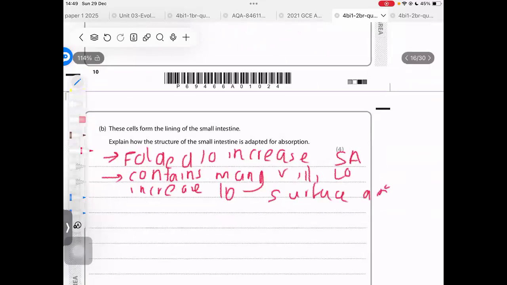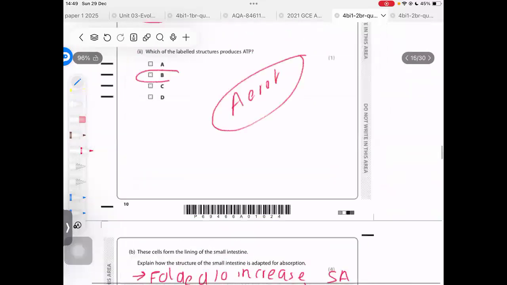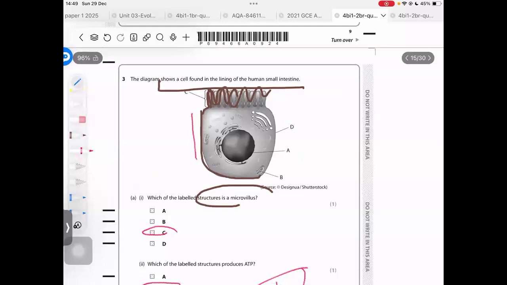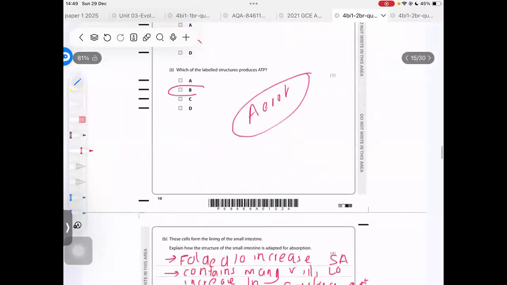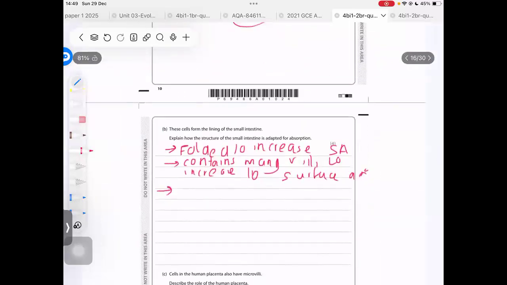And also, in the villi, you can see they have epithelial cells. In the epithelial cells, they have microvilli. Again, what does that do? That also increases the surface area. So you have to explain the structures.